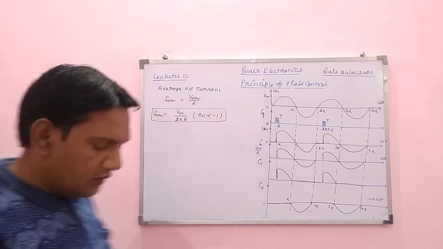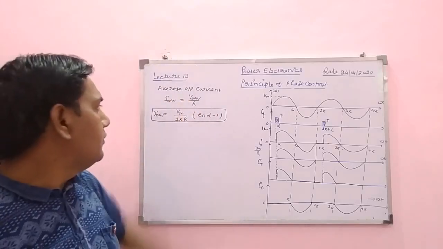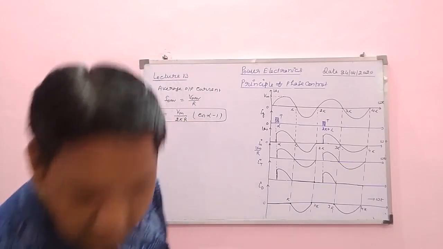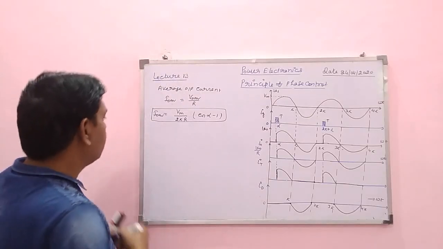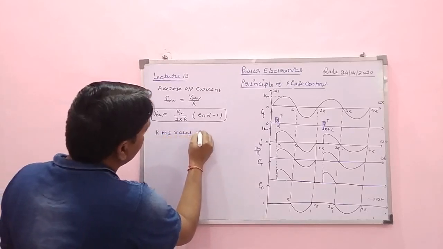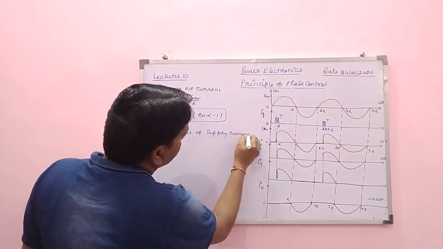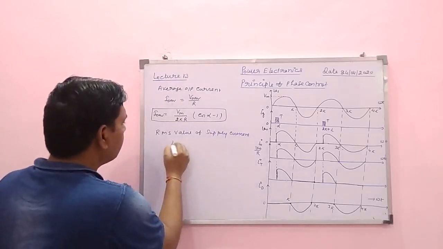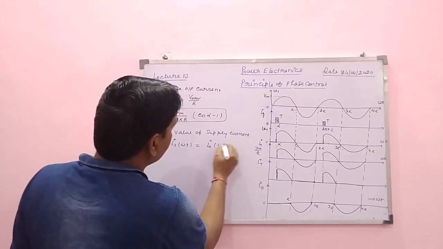Here we have determined the RMS value of output voltage and the average value of output current. Now we can calculate the RMS and average value of supply current. You can see that supply current Is of omega t is equal to I naught of omega t.